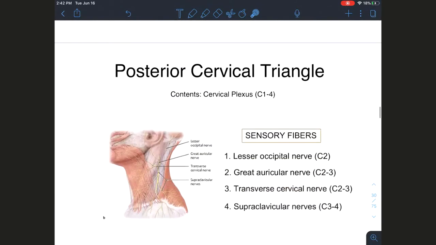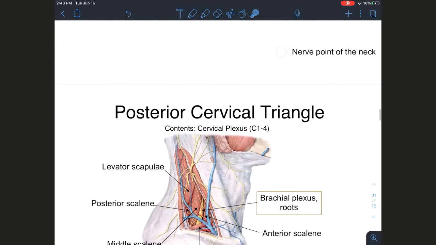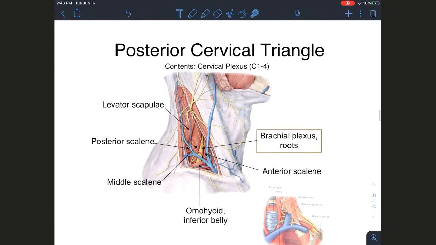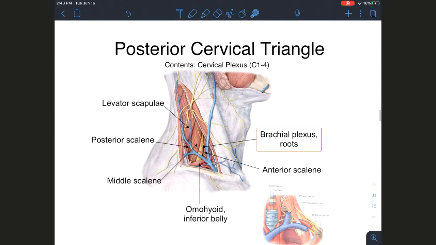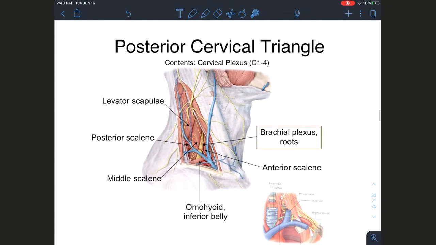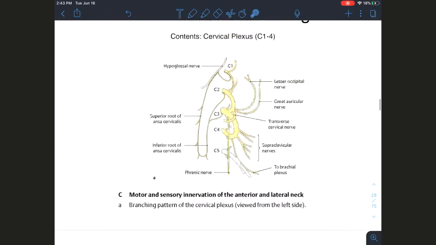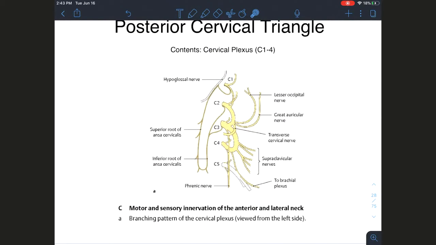You can kind of see a peek through, but there we go. There's the external jugular. So it's going to run down kind of the same path as the external jugular.